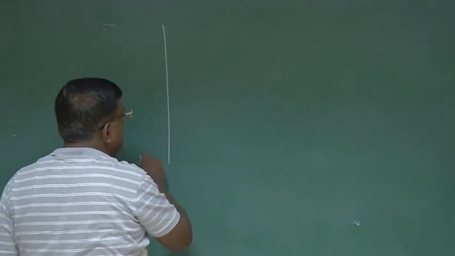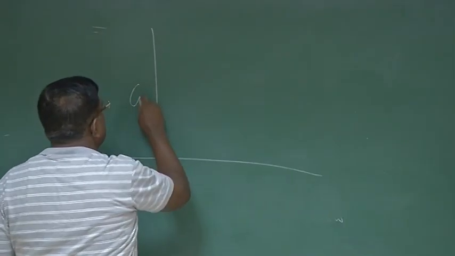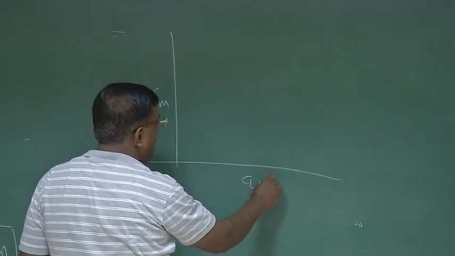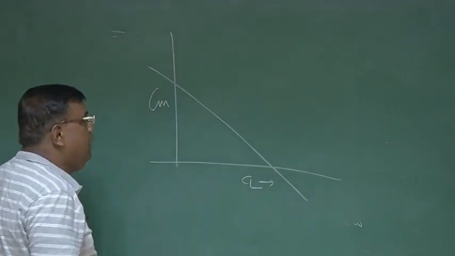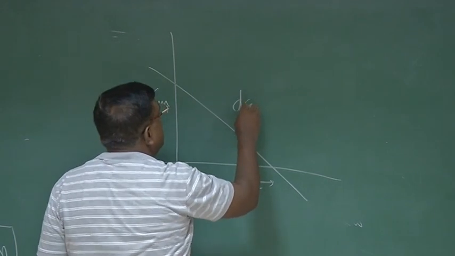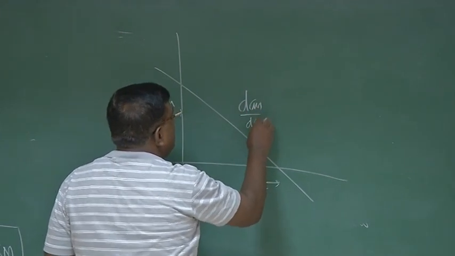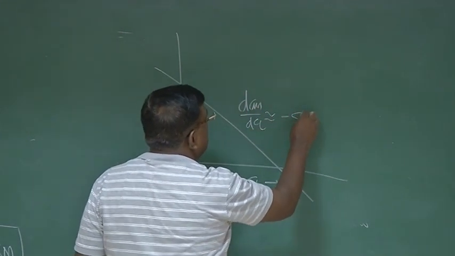So the problem we are looking at is, suppose this is your Cm versus Cl graph, and the slope is dCm by dCl, and we have agreed that dCm by dCl is approximately minus static margin.